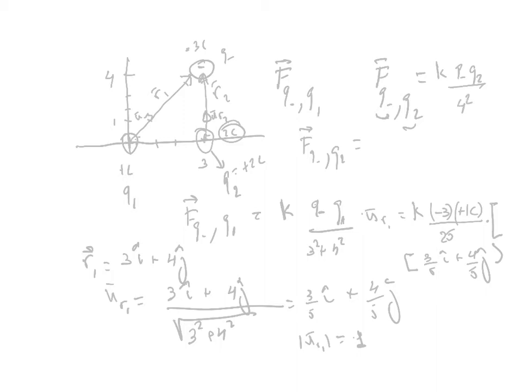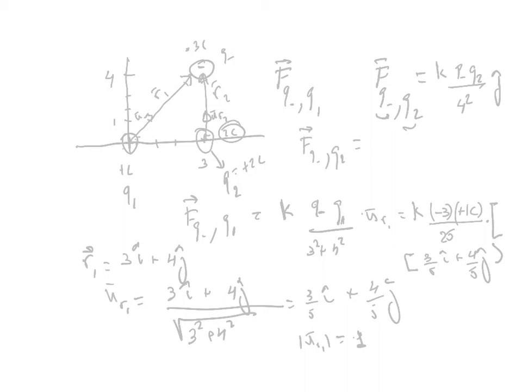This is the distance. And the vector that goes from Q2 to Q minus is the vector u sub r, and clearly is the vector j. So I sum this vector. So let's sum.